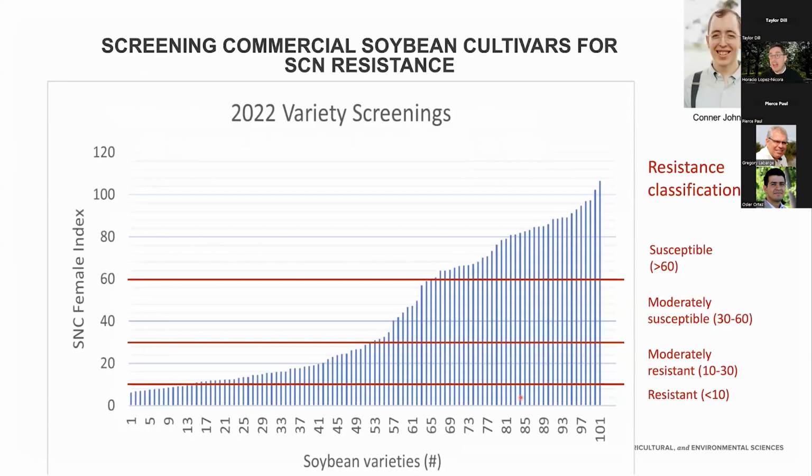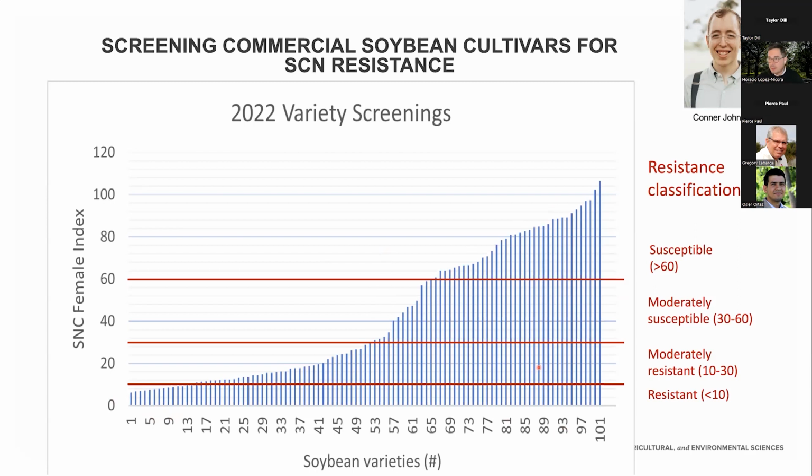And we did this with hundreds of varieties that are commercially available to growers. Now, the ones that I'm showing you here were labeled resistant to soybean cyst nematode. Only 13 out of the more than 100 were highly resistant. More than 54% were moderately susceptible to susceptible.